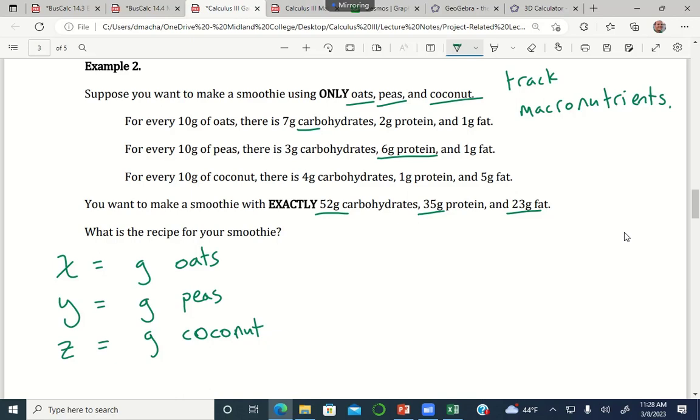And then coconut is higher in fat. So if I make a mixture and it's lower in fat than I want, to boost the fat content, I should be adding more coconut. And then eventually we'll settle out into a nice ratio of exactly these macros that we want.